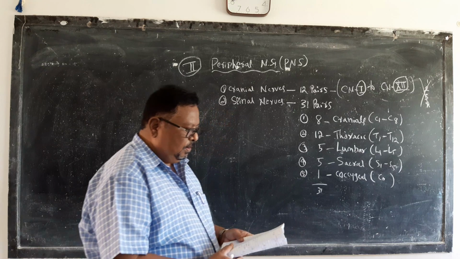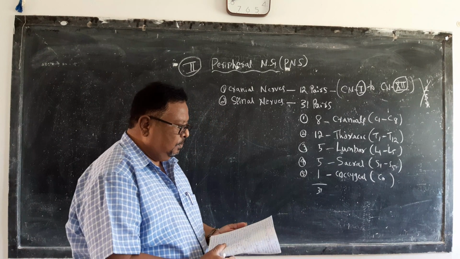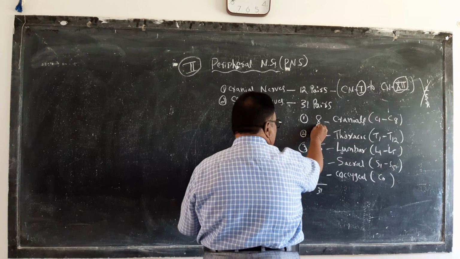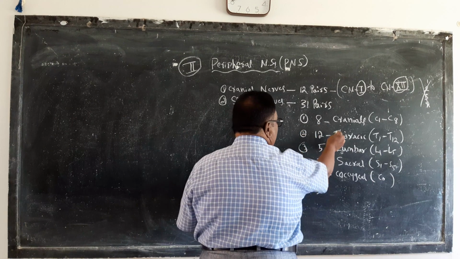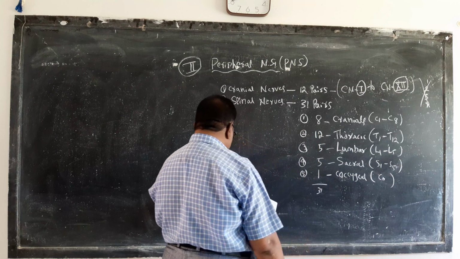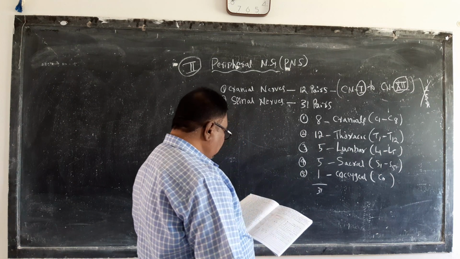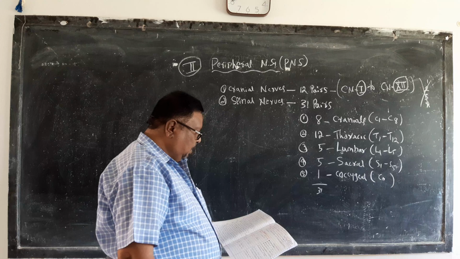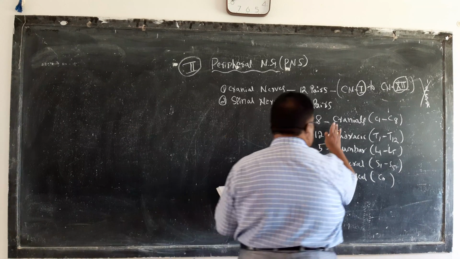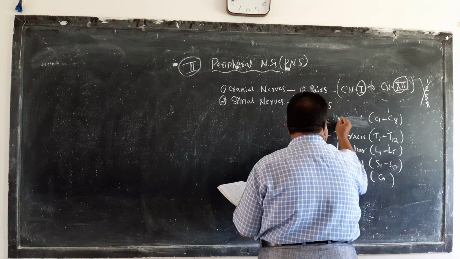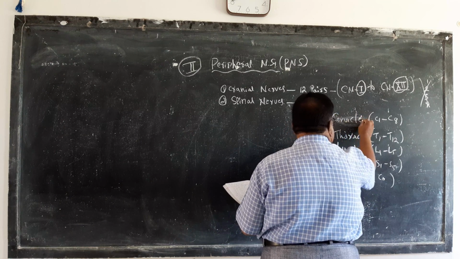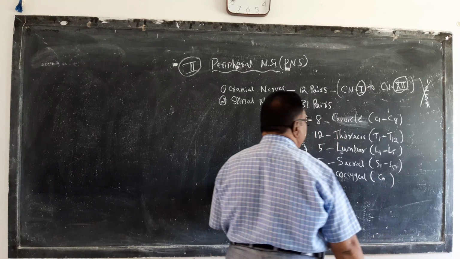There are only 7 cervical vertebrae here, but there are 8 pairs of cervical spinal nerves, C1 to C8.